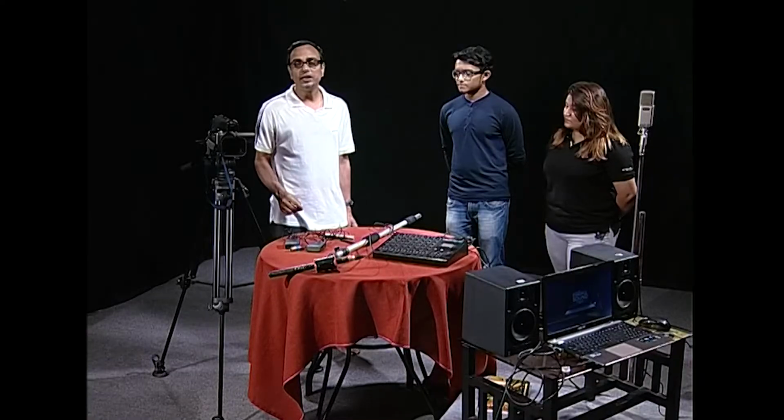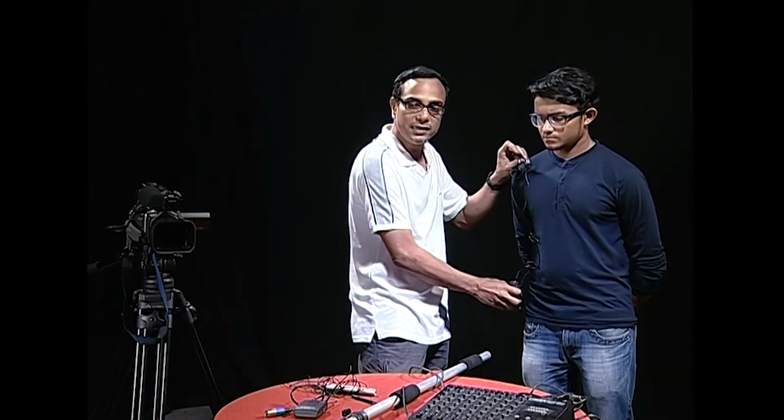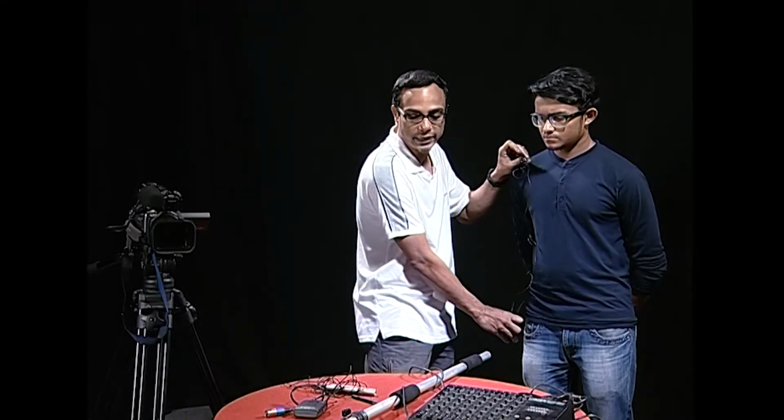In that case, we use a device which is cordless. This is an example of a wireless lavaliere microphone, which again is a condenser capsule, and two AA size 1.5 volt batteries are needed to run it. This is the transmitter which will be connected with the character, and the transmitter module can be hidden and kept inside the pocket of the character.